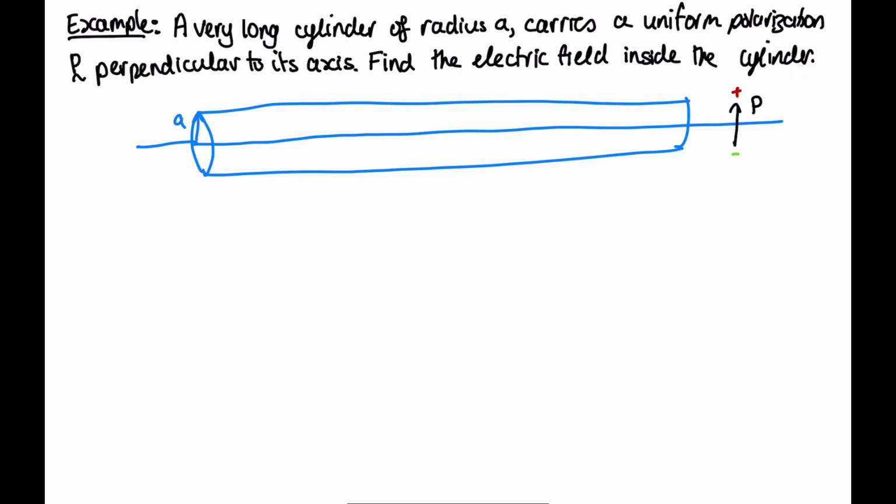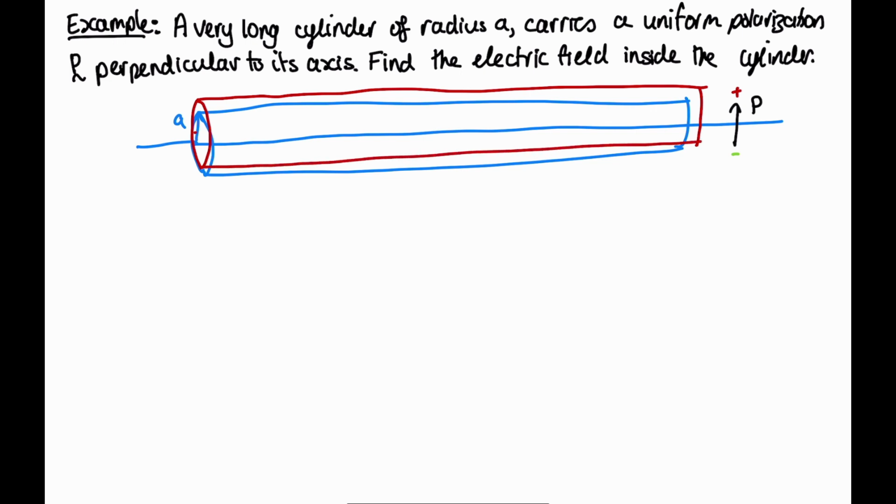Okay, so a useful way to model these types of questions is to imagine that the polarization causes the positive charges to move up a small distance. So we've got this positive cylinder of charge here. And here's the center of this cylinder, and it has moved up a distance d/2, and it's got a charge density rho, and the negative charges have moved down a distance d/2. So here's the center of this one.